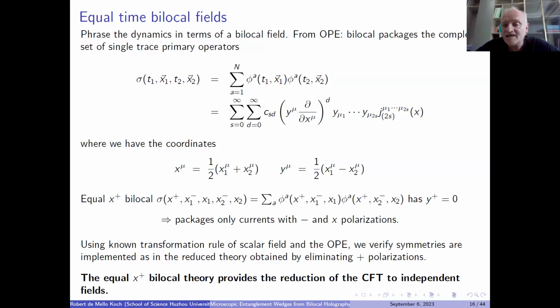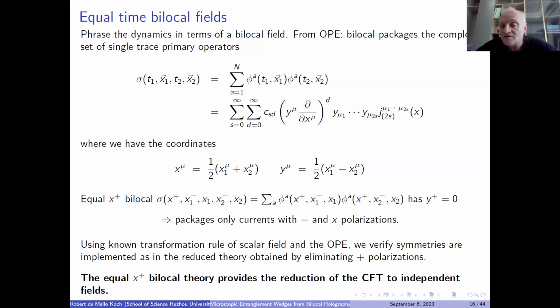If you now go ahead and act with the Lorentz transformation on the field phi, we know exactly how Lorentz transformations act on phi. You just use the usual co-product. You can verify that from the scalar field transformation that you know for sigma, you generate the transformation of the current after you've reduced on the plus polarization.